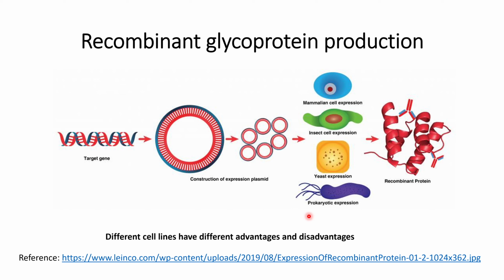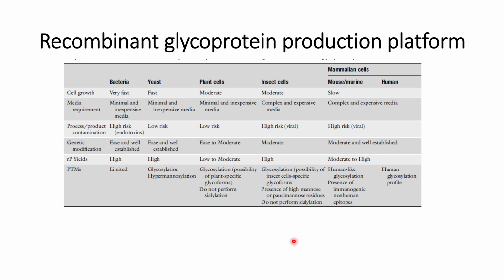In the case of different cellular expression systems, or different types of cells available for expression, each one has different advantages and disadvantages. Some of them are mentioned here, such as bacteria have very limited post-translation modification that might lead to an immunogenic reaction.